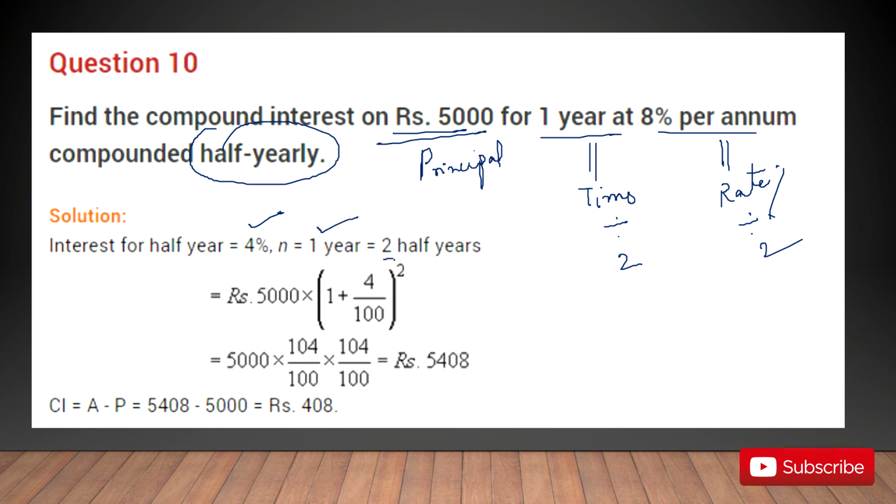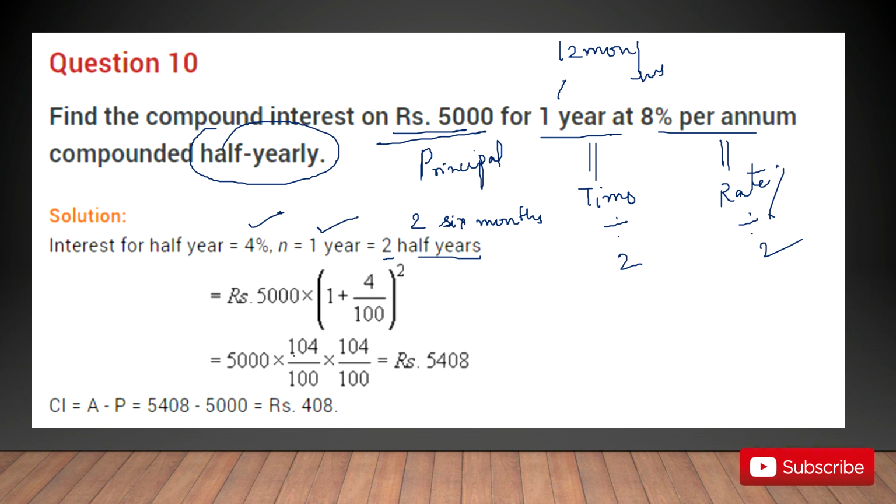And 2.5 years, right? So 2.5 years is 6 months. Yes, so 1 year has how many months? 12 months, right? So 12 months have been reduced to 6.